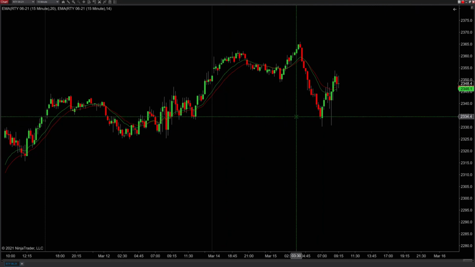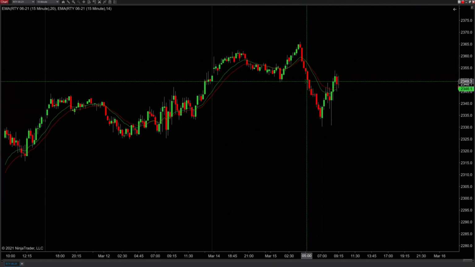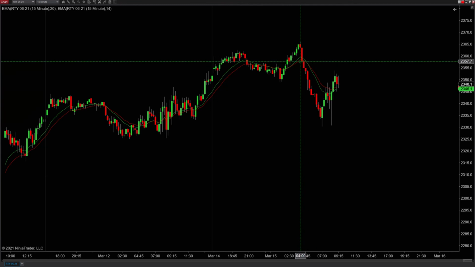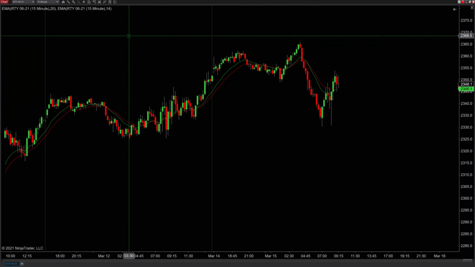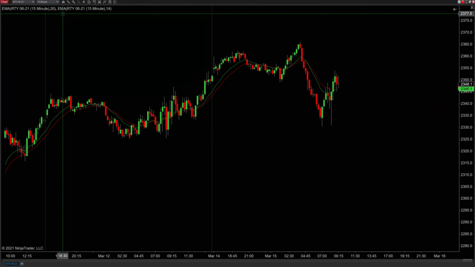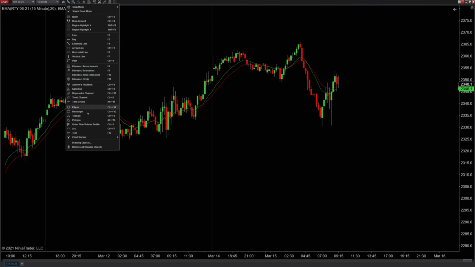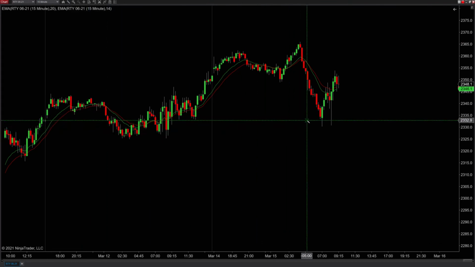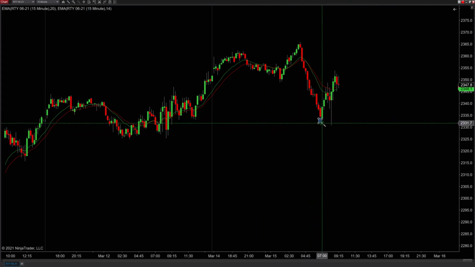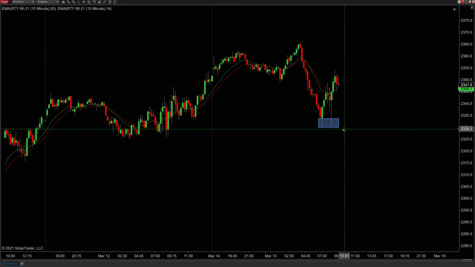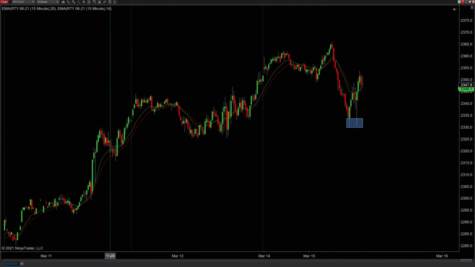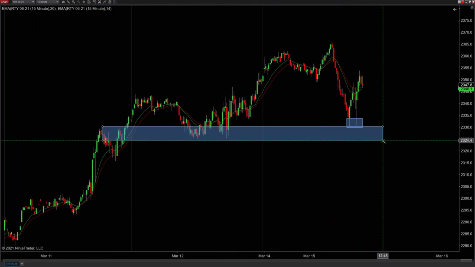So to begin with, we have very strong downward action overnight. Action then bounced down here. We have double bottom down here, and it kind of correlates to this general area of congestion over here.